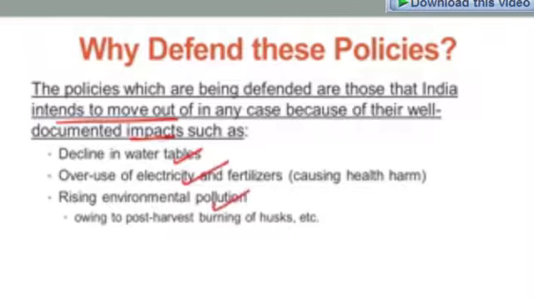Water table, overuse of electricity, environmental pollution, all these things are happening because we are promoting overuse of these things and overproduction in certain areas.